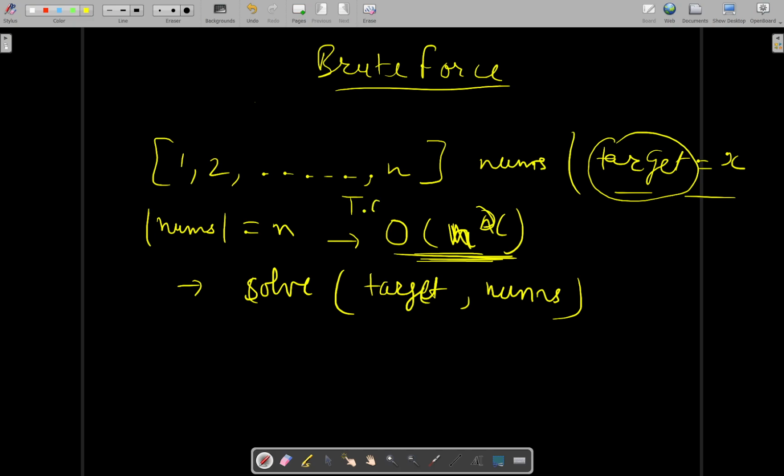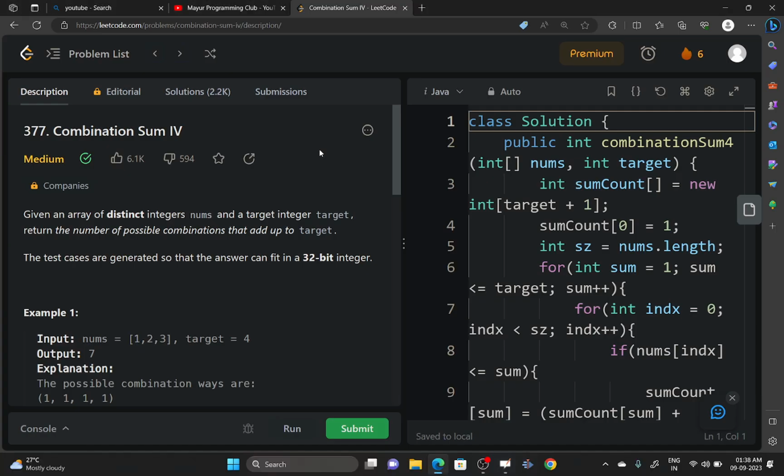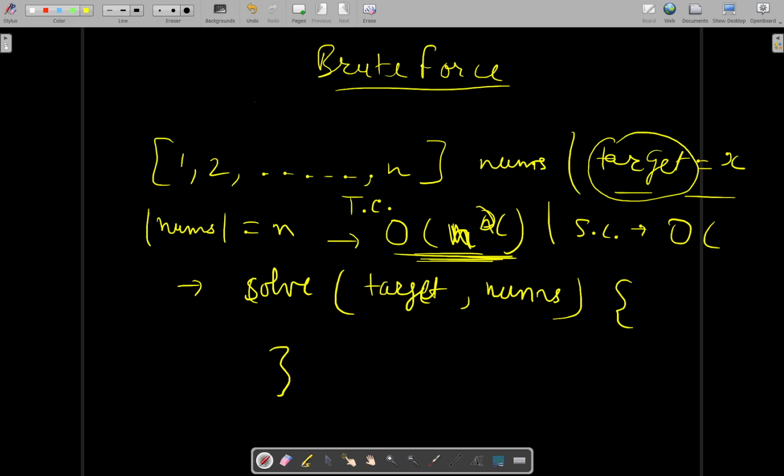The time complexity will be this, and the space complexity, since we will be making recursive calls, will be x.